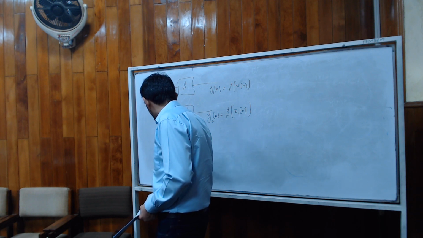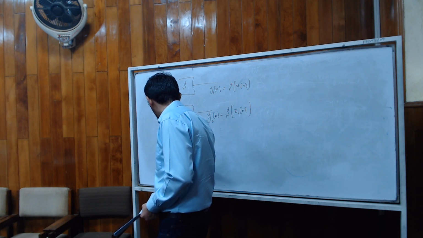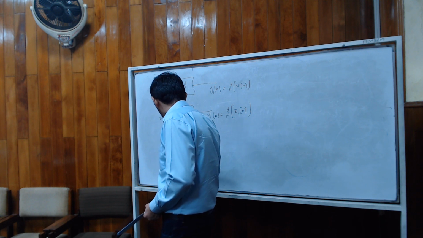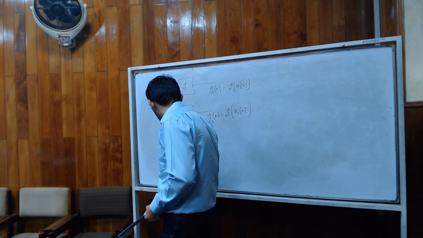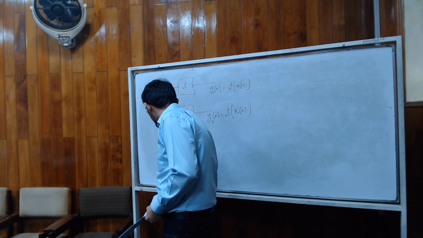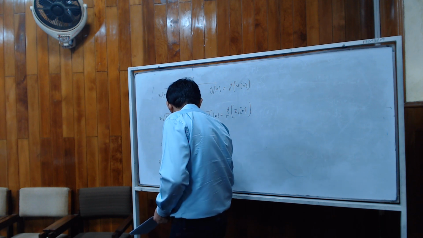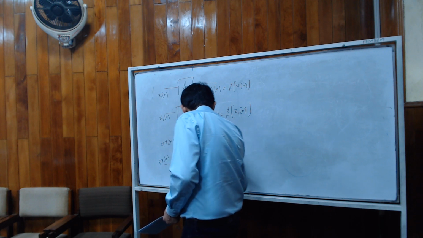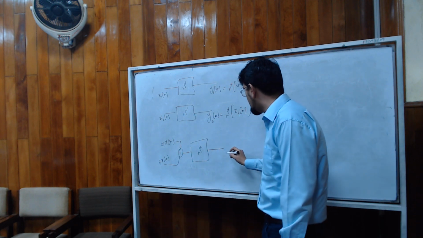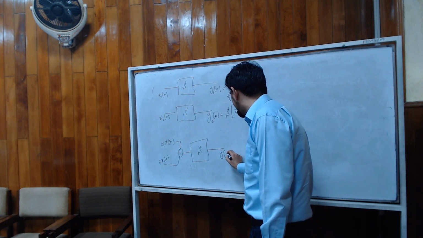So I give it alpha x1[n] plus beta x2[n]. If this goes into the system, now what is the output of the system?